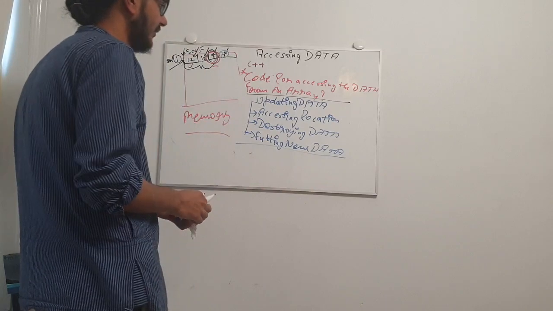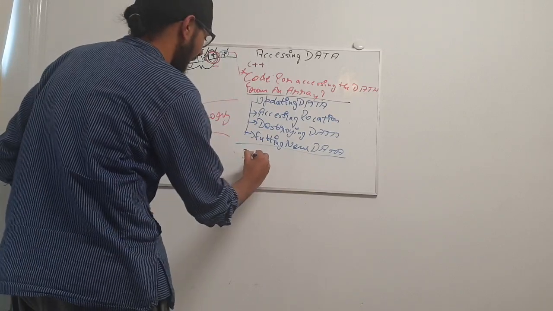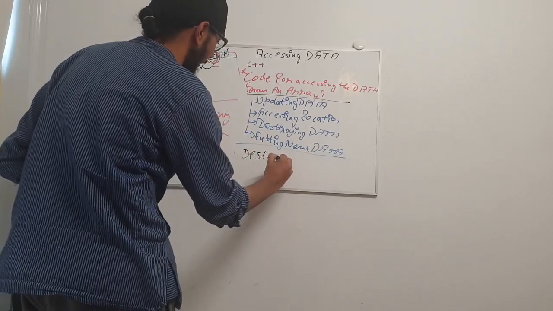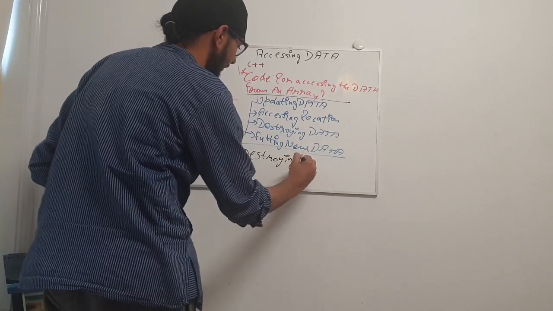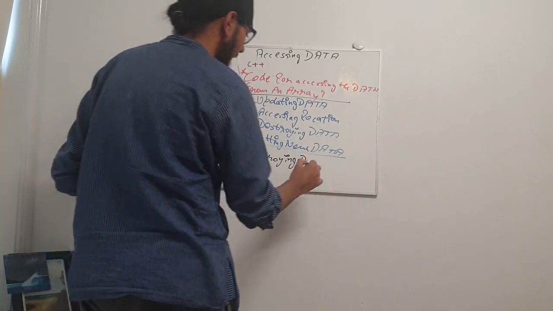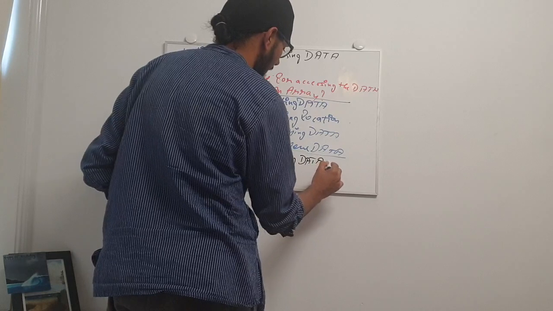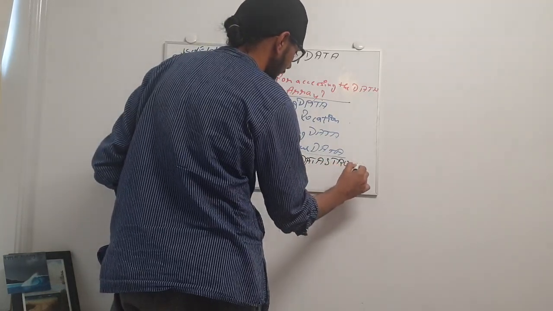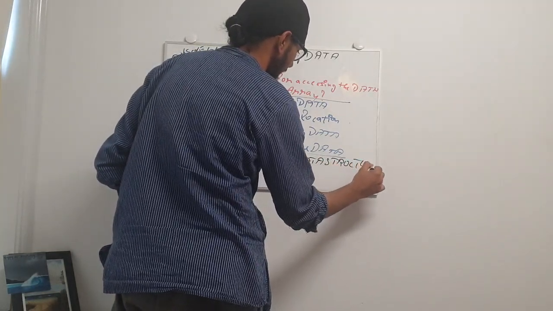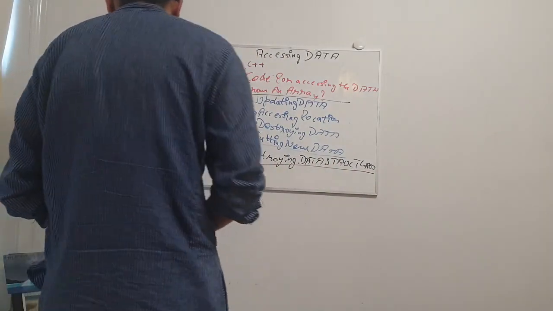So destroying data structures is also one important thing. There are certain algorithms for doing that as well. We will be discussing all of these maybe in the next few lectures. So this is our one other thing, destroying data structures.